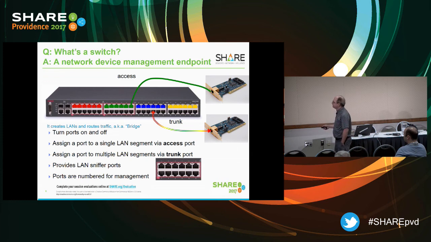Okay. It also provides some extra ports. I can define sniffer ports. And then you can't really see this, but they're numbered. These ports are actually numbered for management purposes. Okay? Because the switch can actually report, I just lost light, or somebody unplugged port number 7.